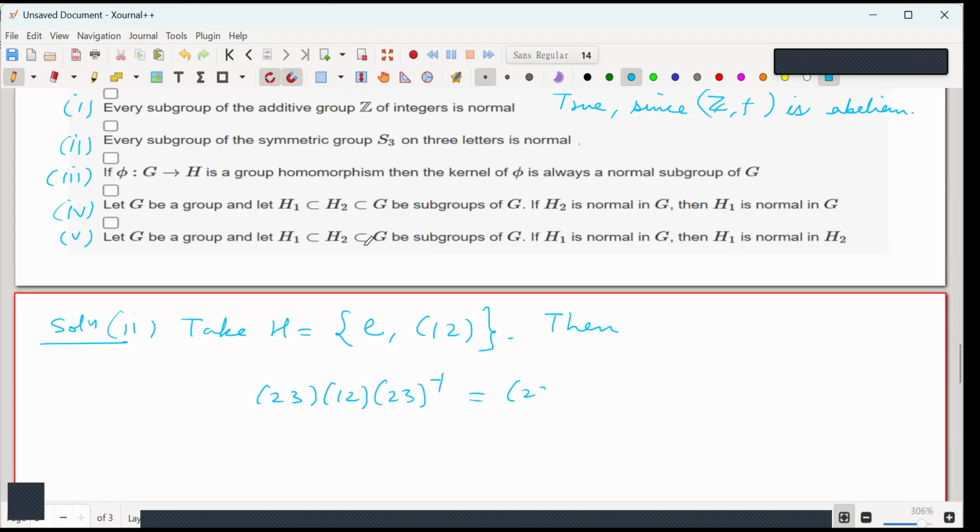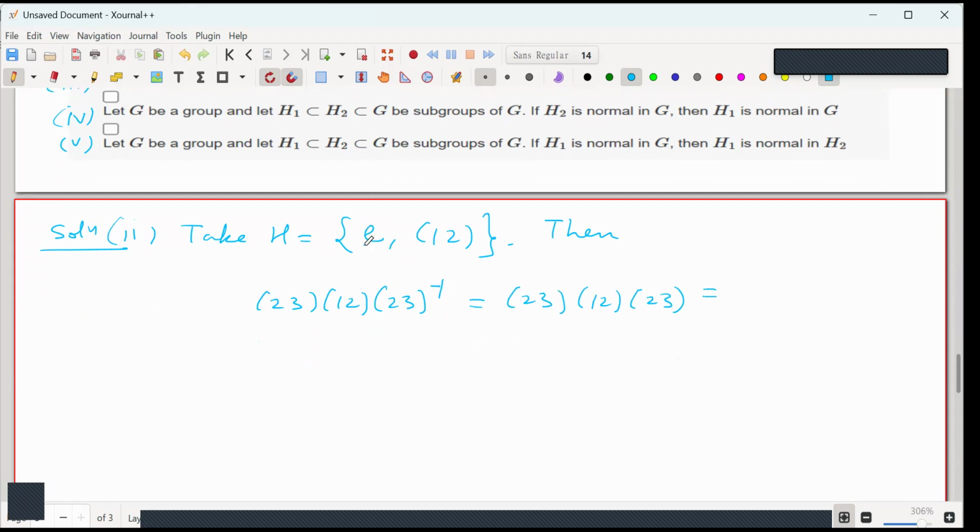That is (2 3)(1 2)(2 3). What will it be? So 1 is not here, 1 is here, 1 going to 2, 2 is again going to 3. So 1 will map to 3. 3 is going to 2, 2 is going to 1, and 1 is not here. So it should be (1 3), right?